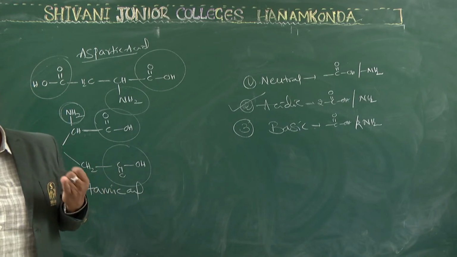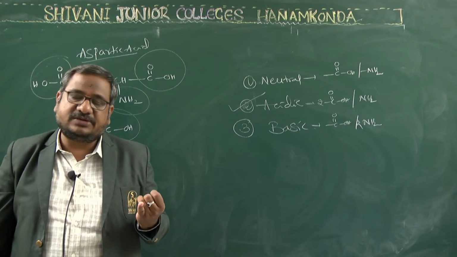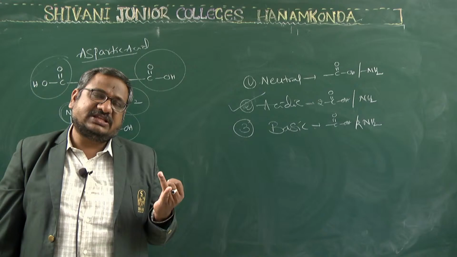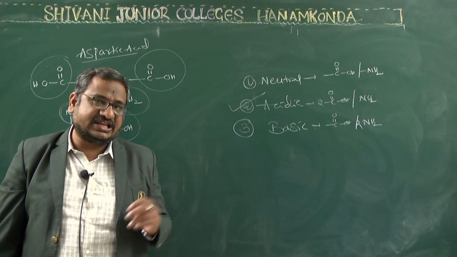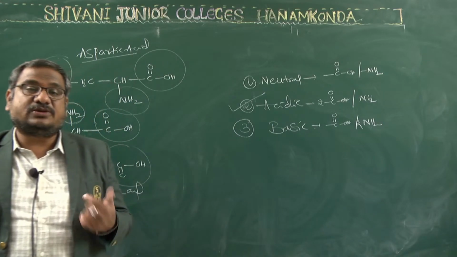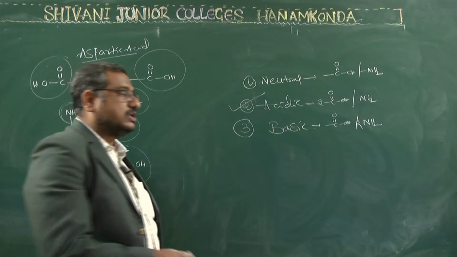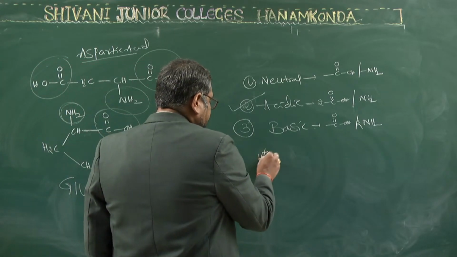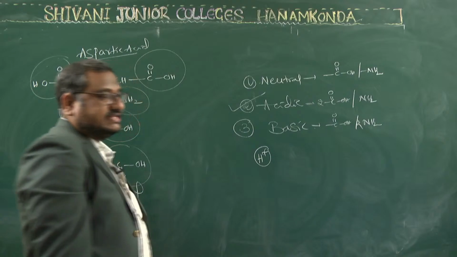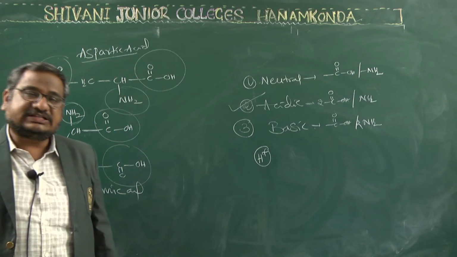According to Arrhenius theory, H plus ion donating material is called acid, OH minus ion donating material is base. Bronsted-Lowry theory means proton donor is acid, proton acceptor is base. Proton means H plus ion. H plus ion donor is acid, H plus ion acceptor is base.